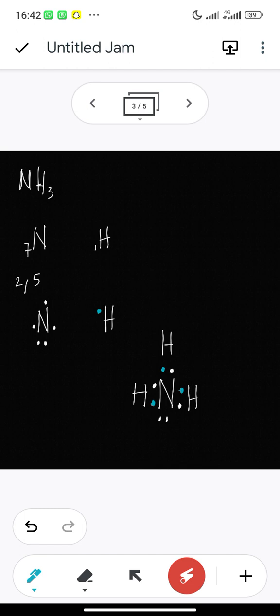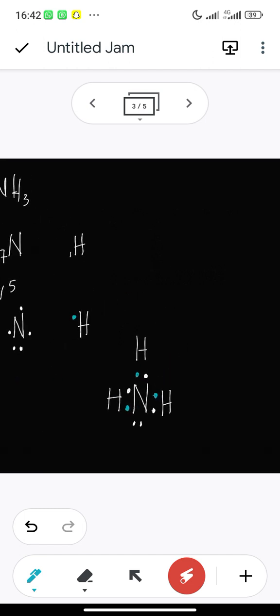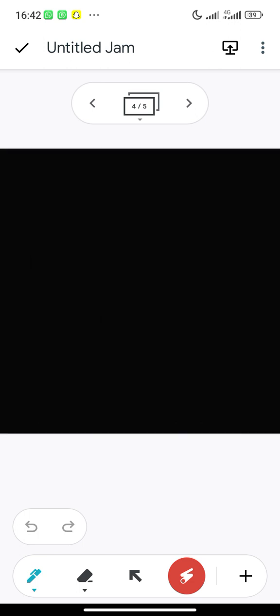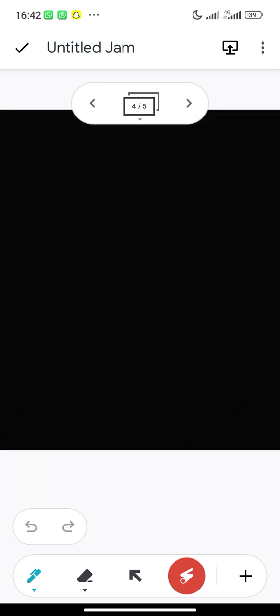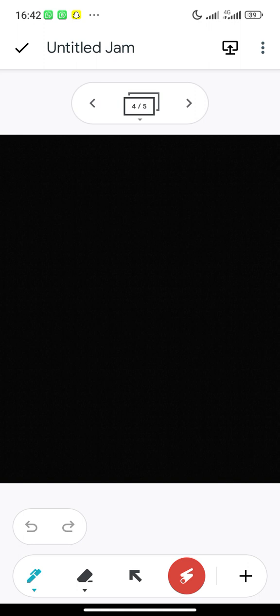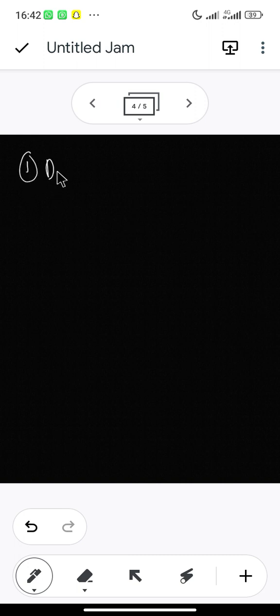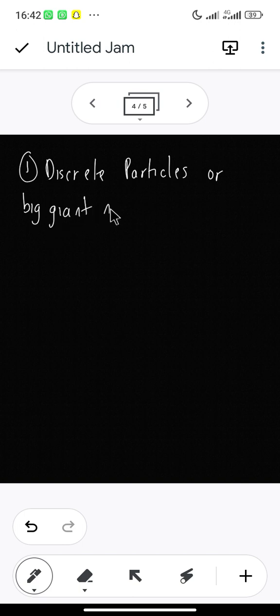So let's talk about some of the properties of covalent compounds. The first property is that they exist as discrete particles or big giant molecules.